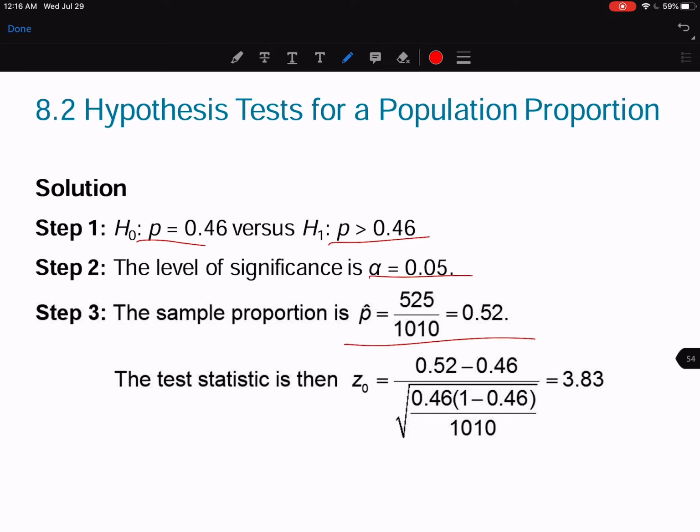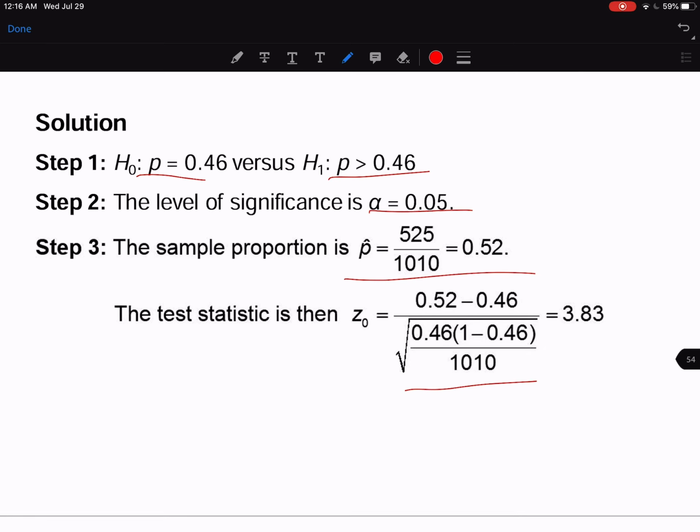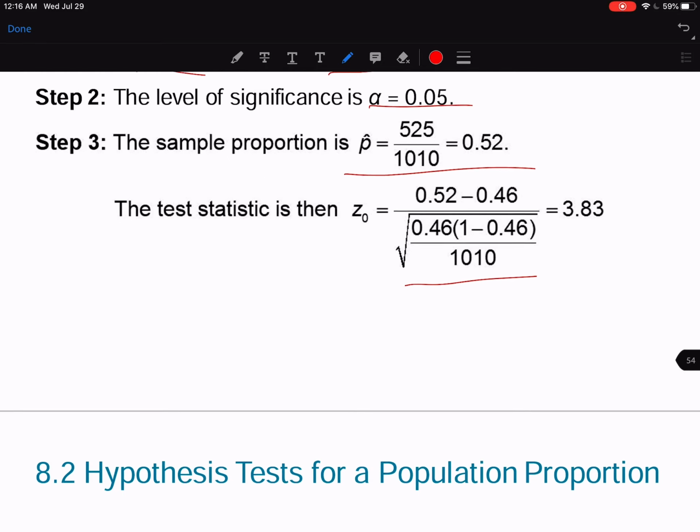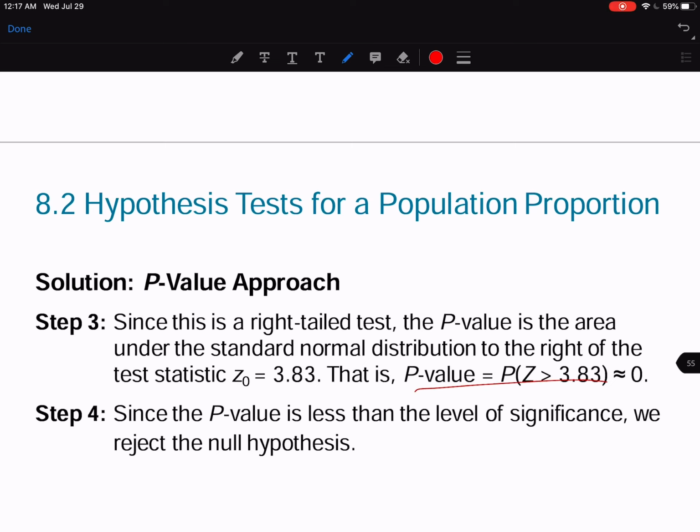P hat is equal to 525 divided by 1010, which is 0.52. And then we just go ahead to calculate the Z sub 0 by the formula of standardization, which is equal to 3.83. So once we got that, we know the p-value would be equal to the probability Z is greater than this test statistic, which is 3.83. So the p-value is approximately 0, which is less than alpha.